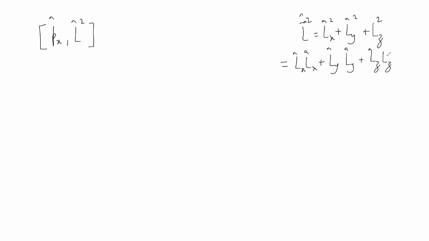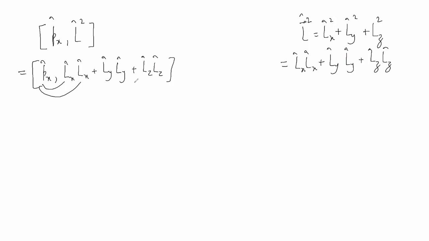Now, L square is nothing but Lx square plus Ly square plus Lz square, and that will be equal to LxLx plus LyLy plus LzLz. Then I can write it as PxLxLx, LyLy plus LzLz, and then again two terms from here, two terms from here, and two terms from here.